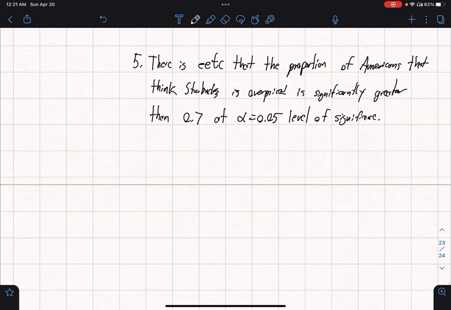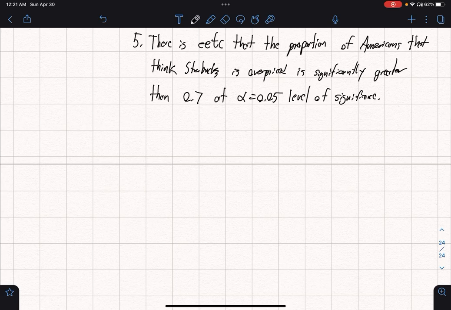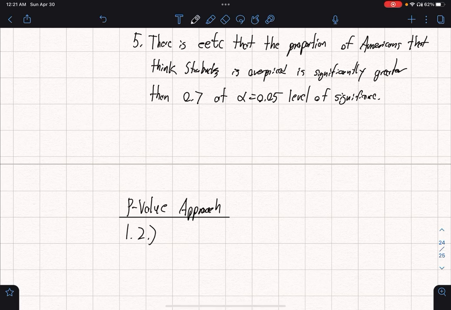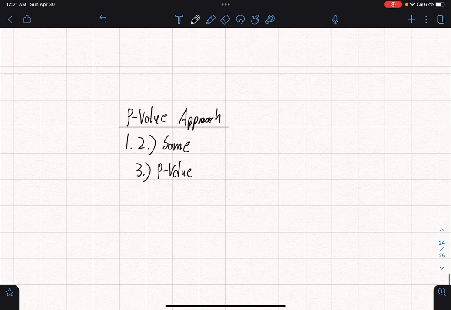Okay, but as before, let's do the p-value method as well. We know that steps 1 and 2 are going to be the same. Step 3, the p-value will be equal to the probability that z is bigger than the absolute value of z star.